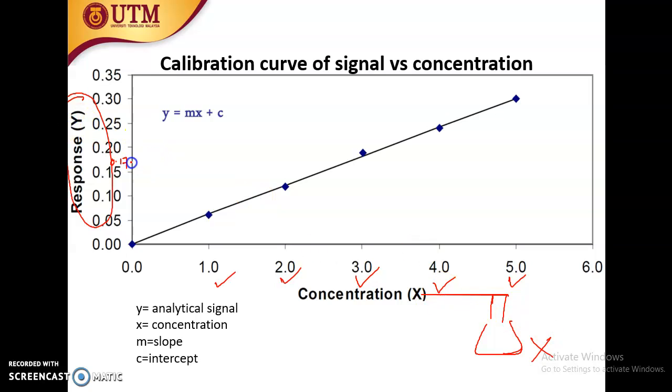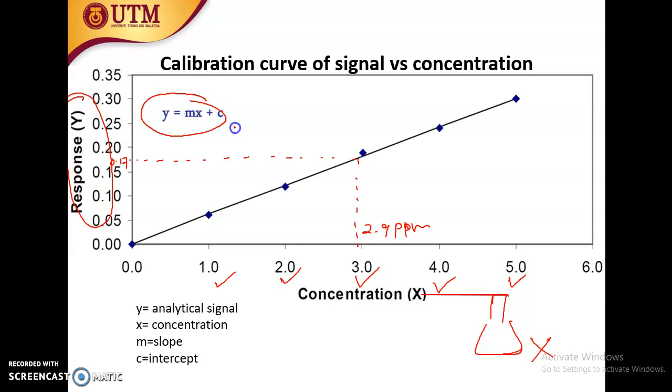So what is the concentration? You can either extrapolate. Okay, you can get like 2.9 ppm, but it's not easy to extrapolate when you have a soft copy graph, right? So what you can do is, this all can be done in Excel, and in Excel you have the function of doing a calibration curve, and in the calibration curve function you can set the Y = mx + c equation.